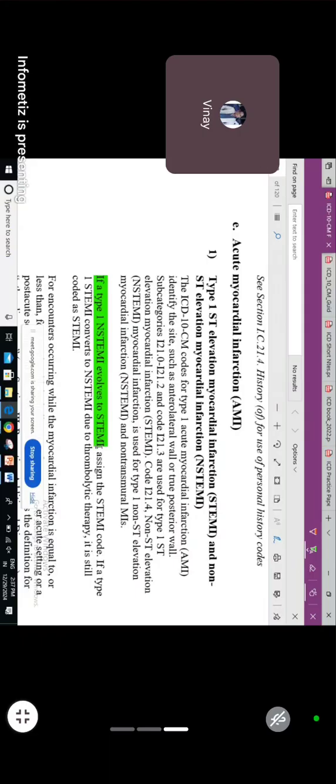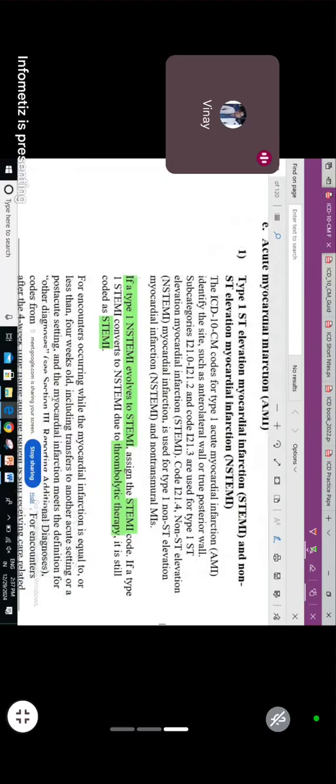What will you code? Both or only one? The second one. You will code STEMI. What if the patient is coming with STEMI, but we did some therapy and now it's an NSTEMI? Still, we have to code STEMI, because STEMI is more dangerous. Okay, this is one guideline.